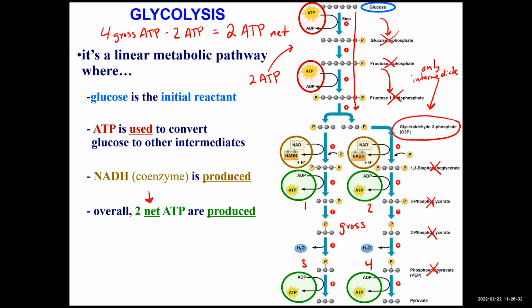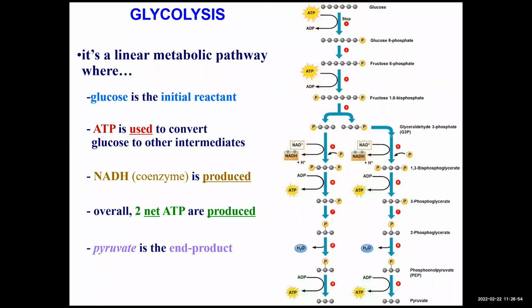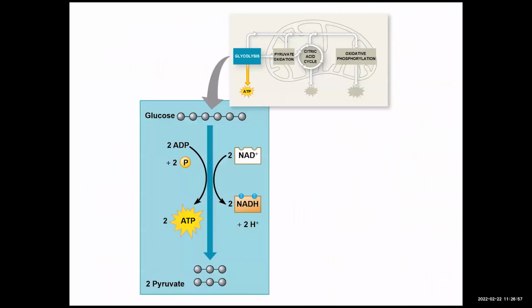At the end of the linear pathway, we are going to produce pyruvate. So that is our end product. So these are all the parts you need to know. So we can simplify this a lot, right? There are a couple of ways to think about simplifying.